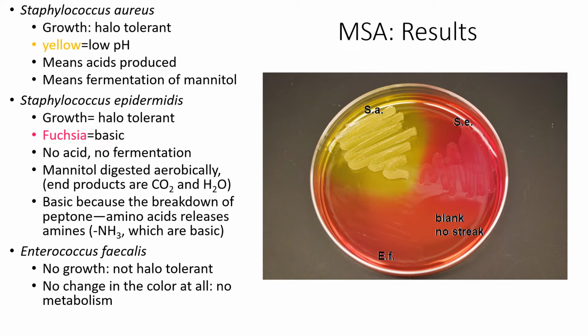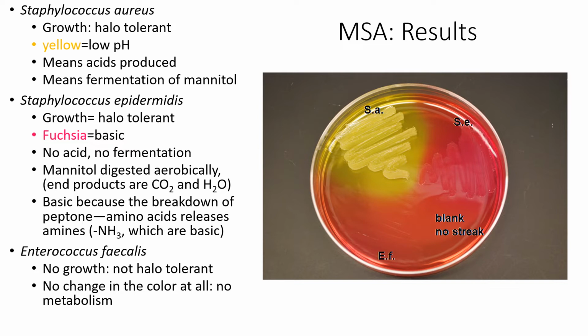Okay, so what do we see? Staph aureus, I see very good growth, so it's not deterred by the salt. And we know this. It was our exception, our outlier, when we were talking about how osmotic pressure could stop most organisms. That doesn't work on Staphylococcus.